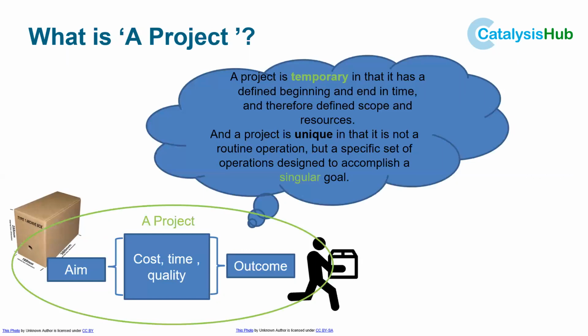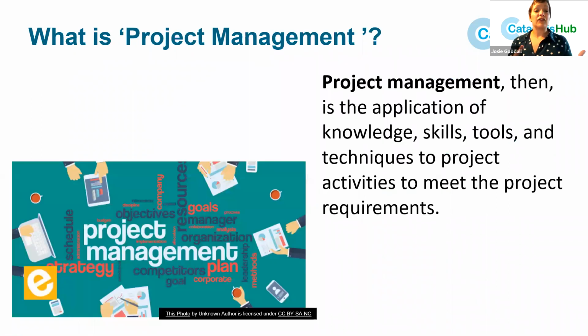Anyway, on the slide now is the definition of a project from the Project Management Institute. So it's a temporary endeavour with a defined scope and resources, and that each project is unique and designed to accomplish a goal. So therefore, project management is the application of knowledge and skills to achieve the goals of a project.